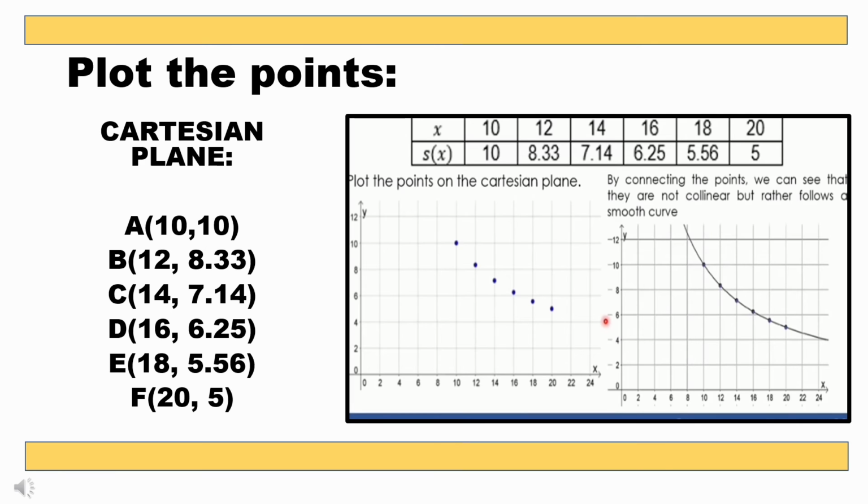And your y's are 10, 8.33, 7.14, 6.25, 5.56, and 5. So after plotting the points, we have here the points on the Cartesian plane. And the second one is by connecting the points, we can see that they are not collinear but rather follow a smooth curve.